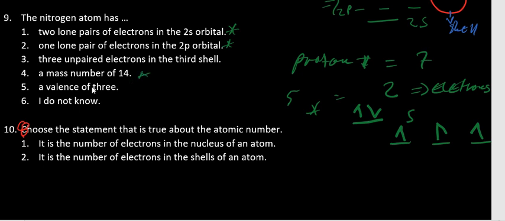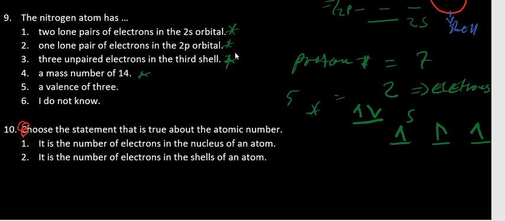A mass number of 14. Okay, 3 unpaired electrons in the third shell. 3 unpaired. This is the second shell, so this is not the answer. What's next? We have two options there.